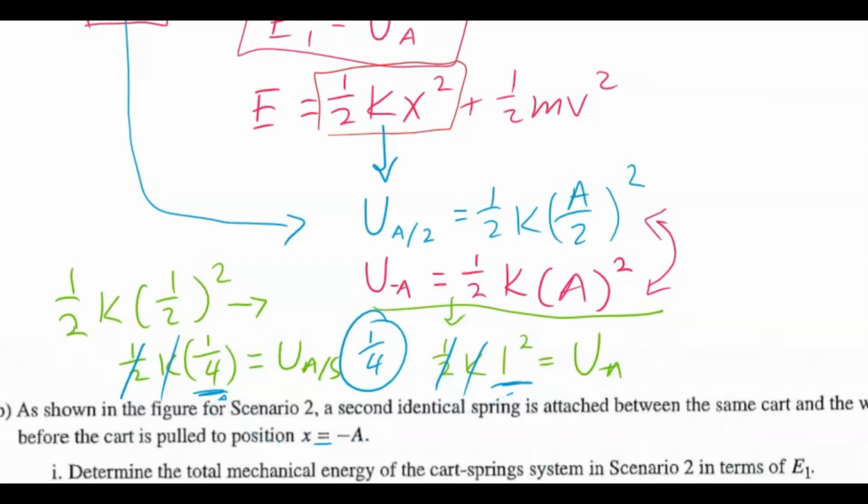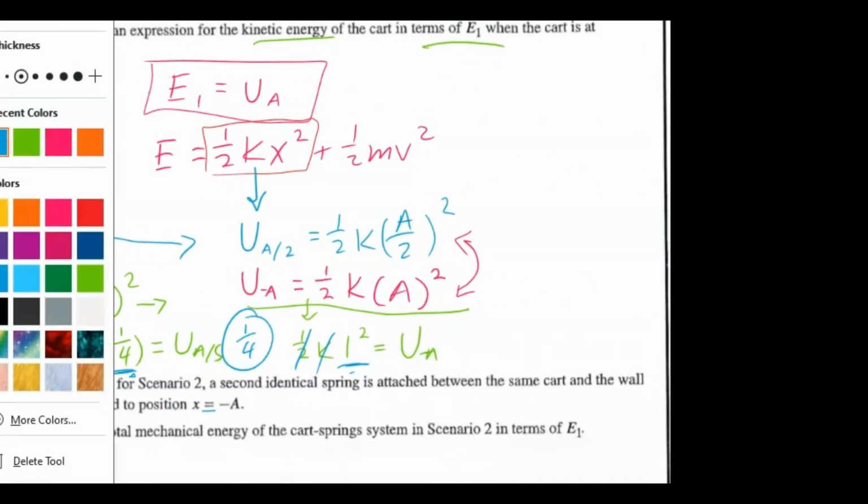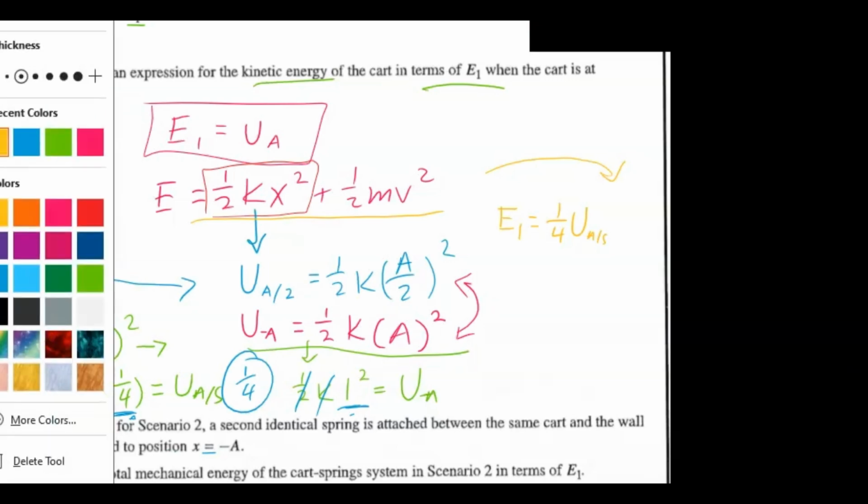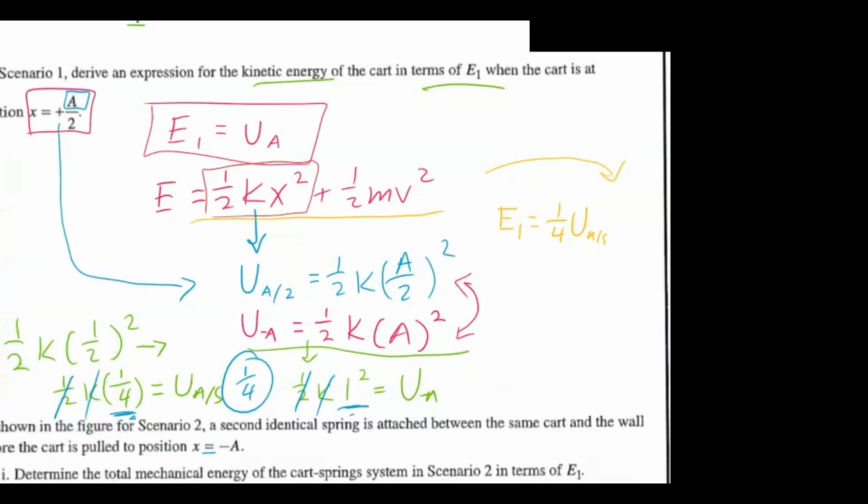With that factor, we can represent it like this. E1 equals 1/4 spring potential energy. Now we want to add the kinetic energy, so we need to figure out what that is.